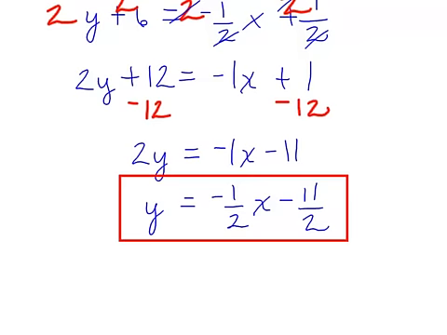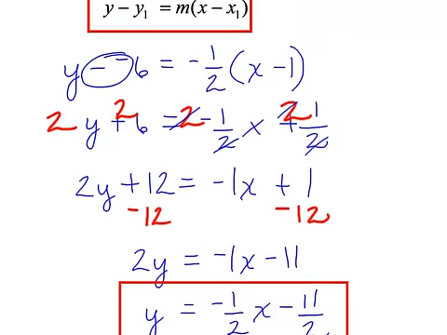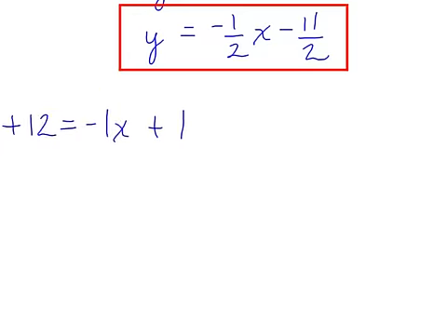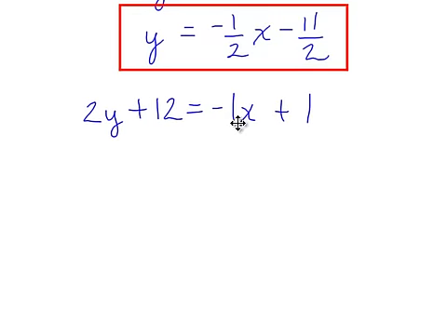Okay, so this is our answer in slope-intercept form. We have solved for y. But if I go back at this point right here and want to get it into standard form, I'm going to slide that part of the equation back down here. And if I want it in standard form, I'm going to add 1x to both sides. So I will have x + 2y.